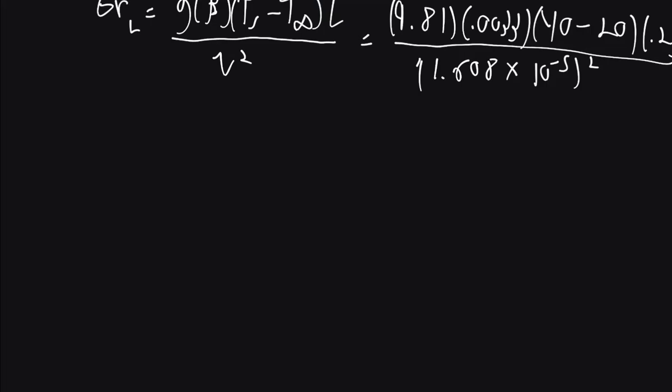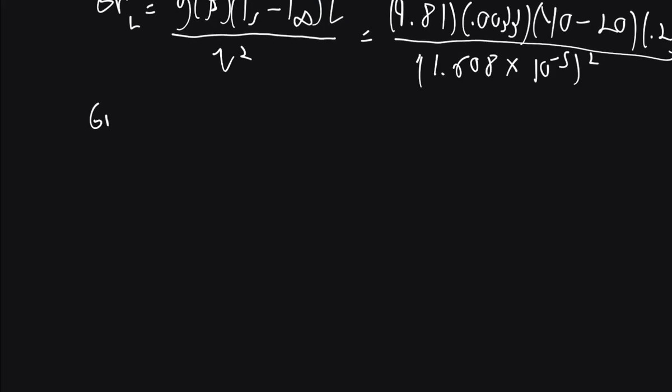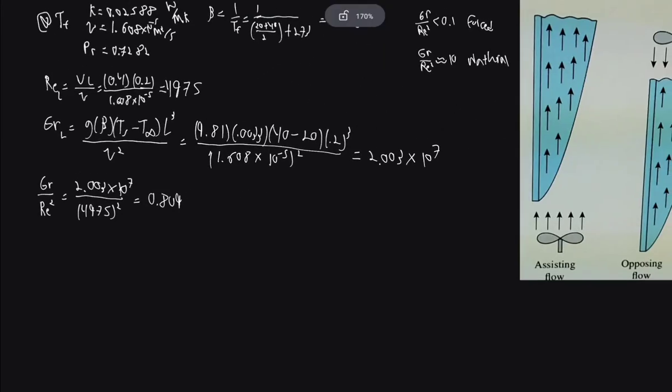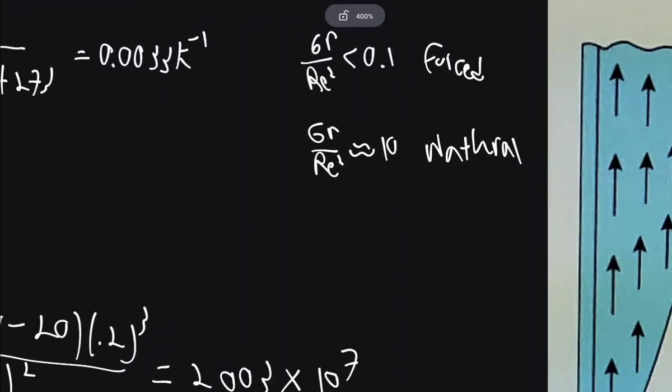So let's see what the ratio is. Now the Grashof number to the ratio of Reynolds squared. Grashof we said was 2.003 times 10 to the 7, over 4975 squared. We get 0.809. So we look at our rules over here. If it's about 0.1 or less, then it's forced.